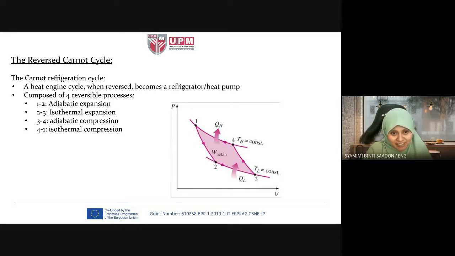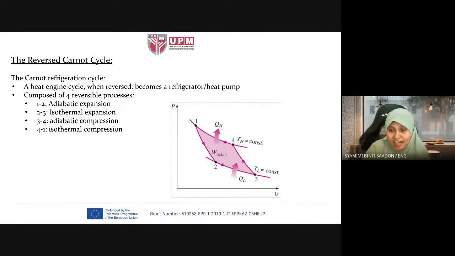Reverse Carnot cycle. Just now we have heat engine and reverse heat engine. The reverse heat engine is refrigerator and heat pump, right? For the ideal heat engine, we have this Carnot cycle. So we have the reverse Carnot cycle. Again, the reverse heat engine is refrigerator and heat pump.